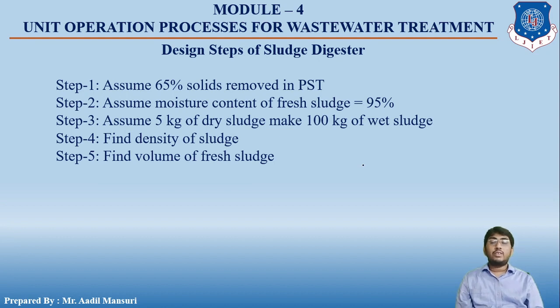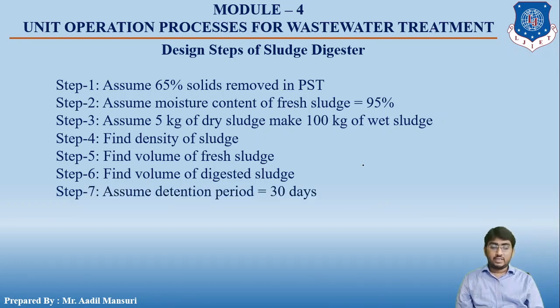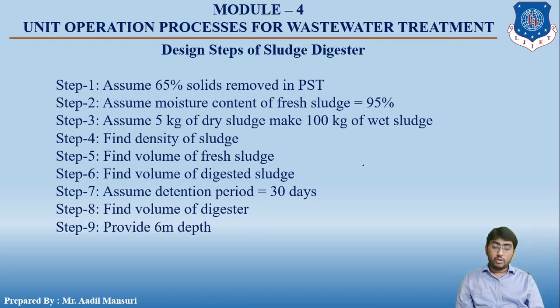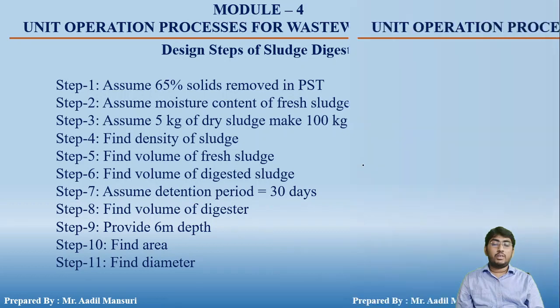Then step 5 includes finding out the volume of the fresh sludge, and step 6 includes finding out the volume of the digested sludge. Then assume the retention period of 30 days, then find the volume of digester. From the volume of digester, you can provide 6 meter depth and find out area, and from area you can find out the diameter.